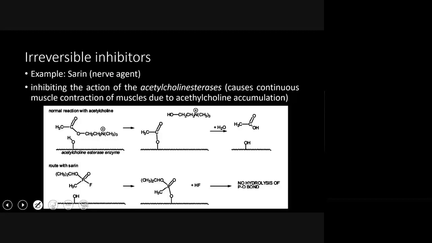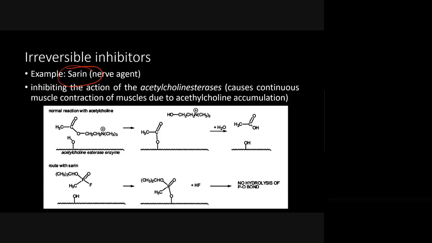Now, another kind, which is more permanent, whereas just now it was less permanent: sarin, a nerve agent. I think you all heard about this before. Sarin is not a drug of good use. Once you ingest it in your body, the sarin will form a permanent covalent bond with the enzyme.